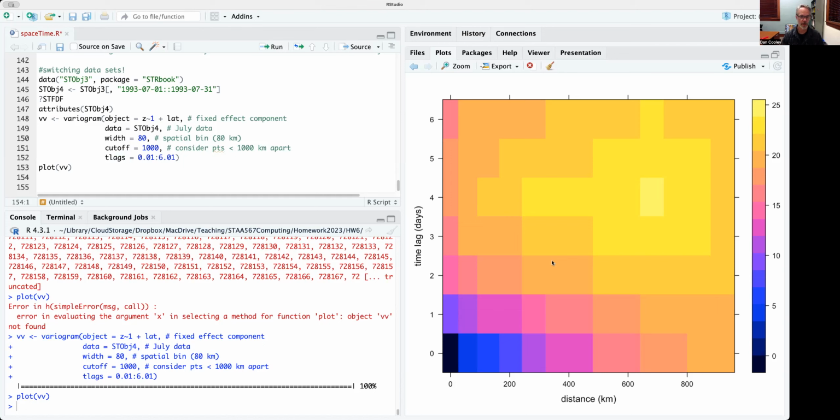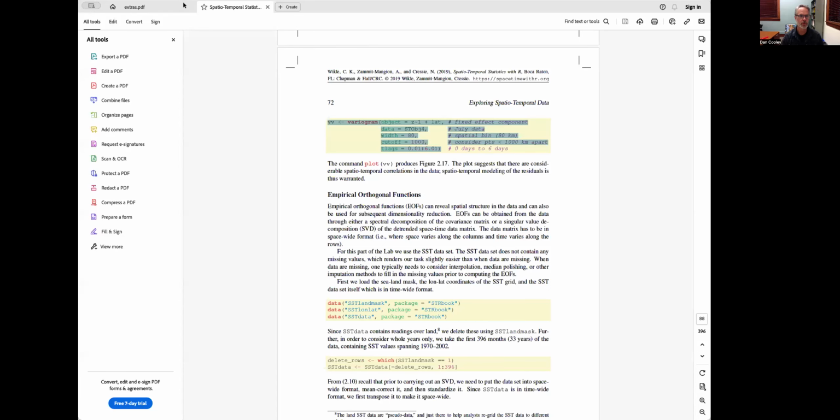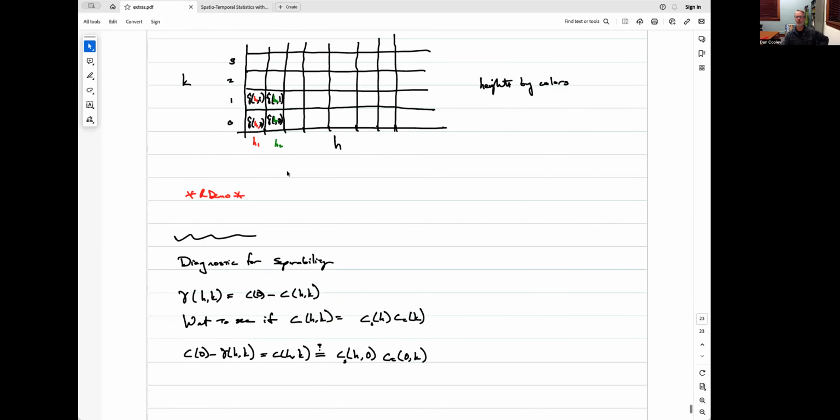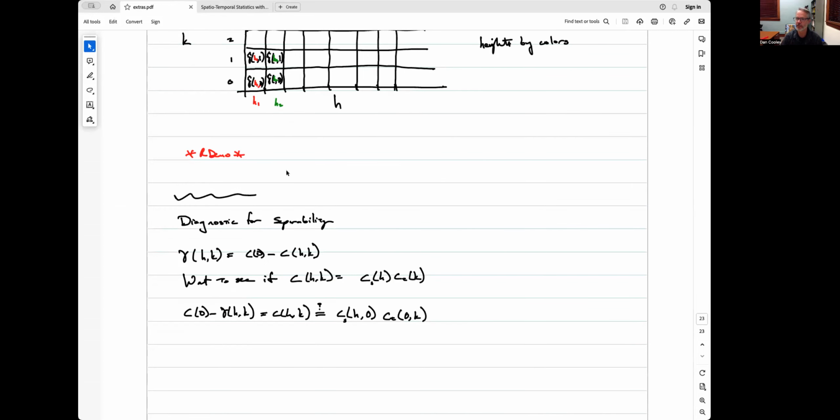Let me say one more thing. A lot of the focus in Monday's lecture was on separability. And we said that a model was going to be easier to model if it was separable, but for many processes, separability is an oversimplification.